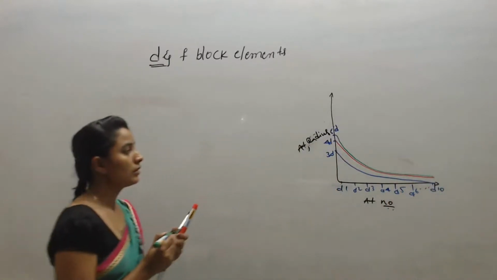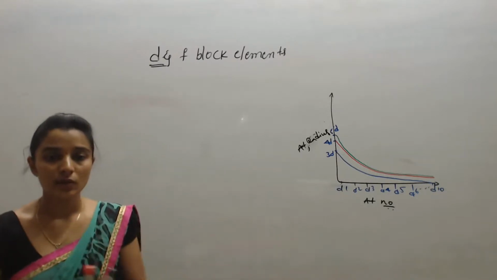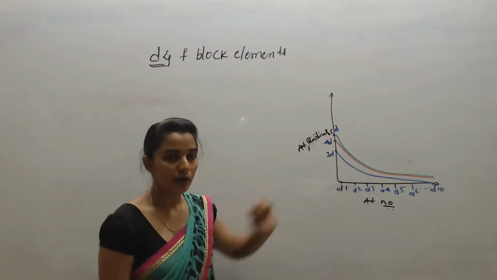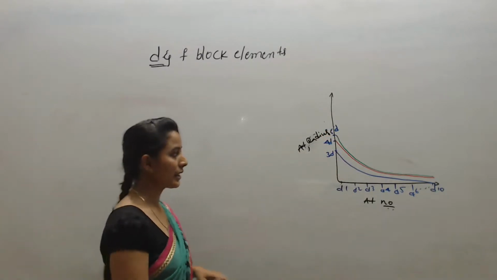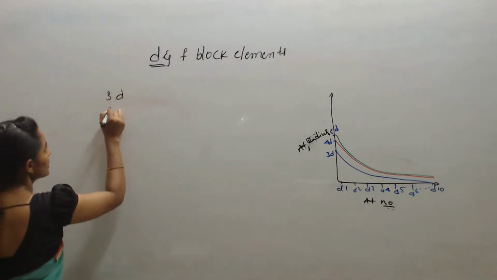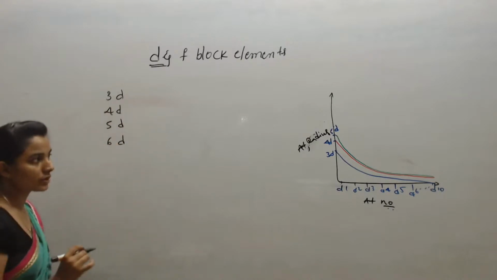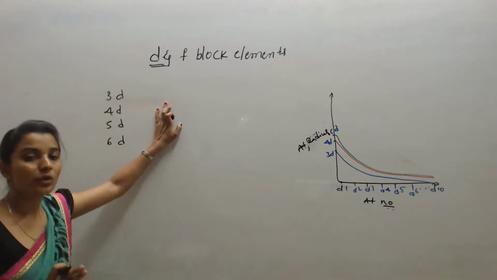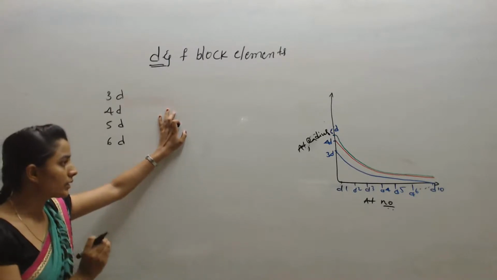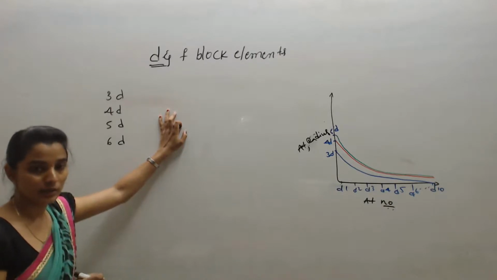Okay, so listen, the 4D series and 5D series show somewhat the same type of atomic and ionic radius. Why is it like that? So listen, I told you 4 types of series are there: 3D series, 4D series, 5D series and 6D series, students. So here what happened to the atomic radius along the period is, of course, as in the periodic trend, along the period the atomic and ionic size decreases.